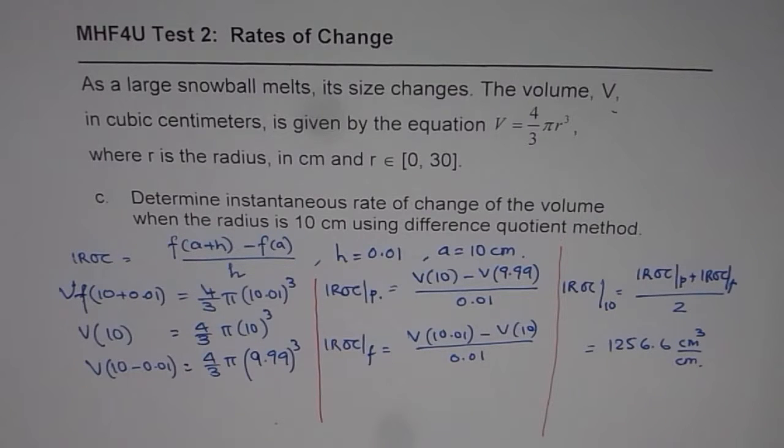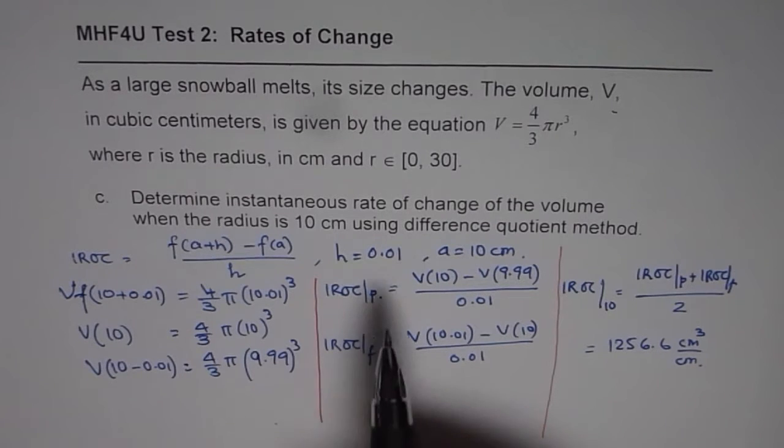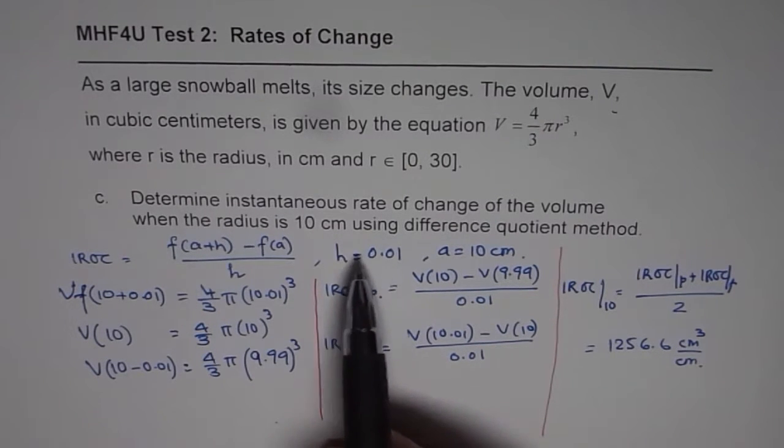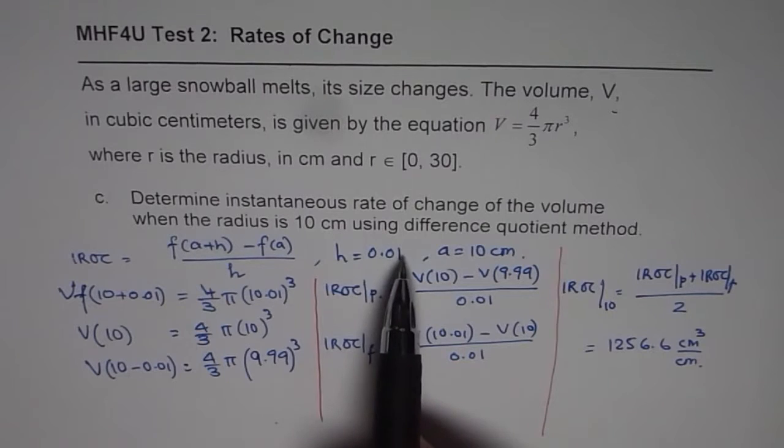Another method which we can use to find instantaneous rate of change is the centered method, which I haven't done so far. For this example, we actually take the value 0.01 to the left of 10 and 0.01 to the right of 10.